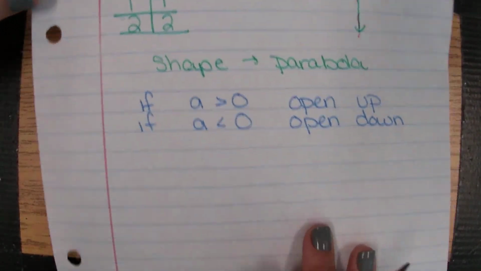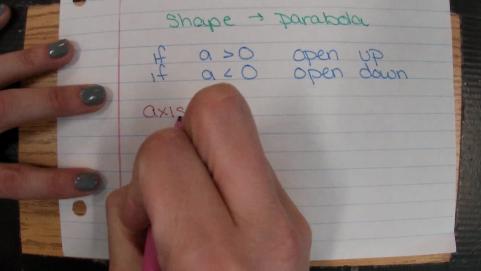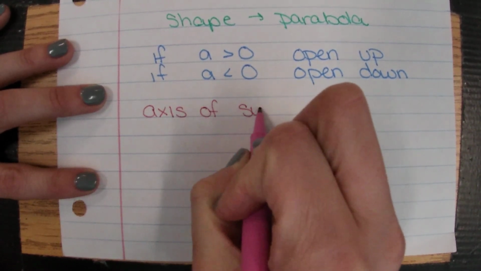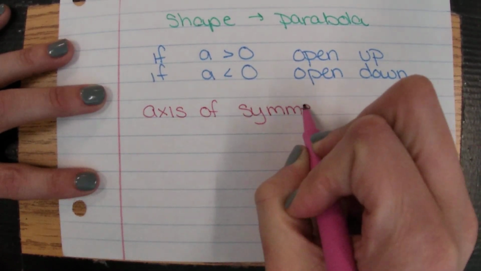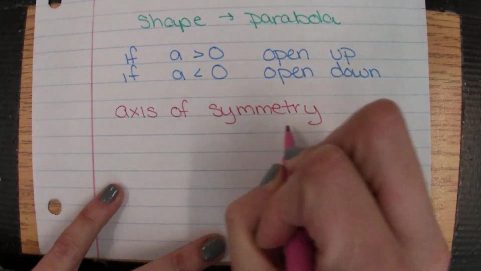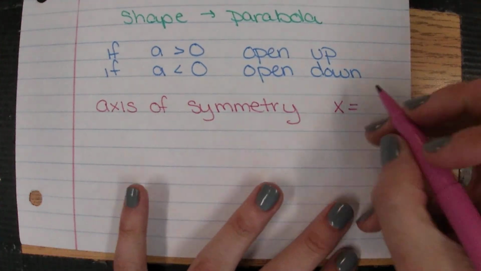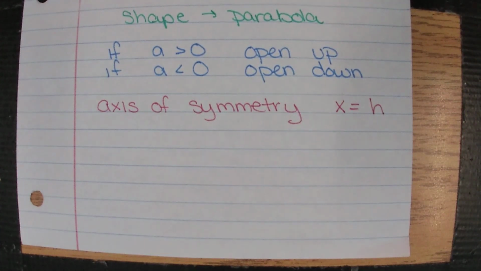Like I said, that's called the axis of symmetry or the line of symmetry. We'll see either. Okay, and the axis of symmetry is found by writing down x equals, it's an equation, it's a line, and vertical lines are always x equals h.